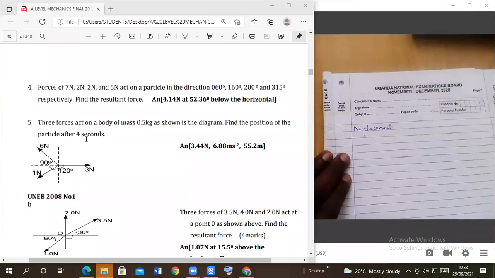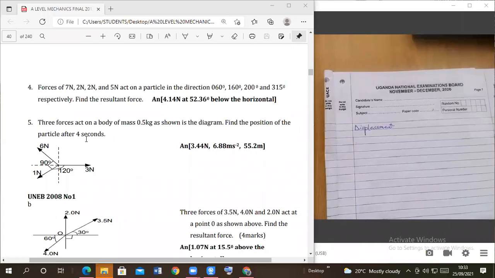So how are we going to find that distance? We know the acceleration and we know the force. So how are you going to find that displacement, members? Because they're asking for the position of the particles after 4 seconds. Who can tell us what we are going to do from there?